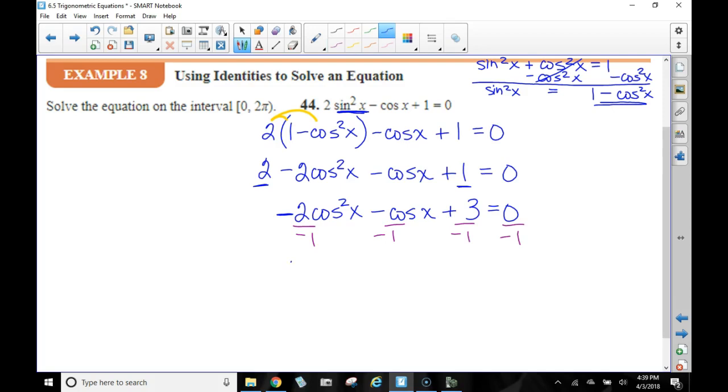Now this makes me a little bit happier inside. Positive 2 cosine squared x, now this is going to be a plus cosine x, now we're going to have a minus 3 equals 0 divided by -1 is still just 0. So you can change all the signs in your equation by doing that little legal algebra move.